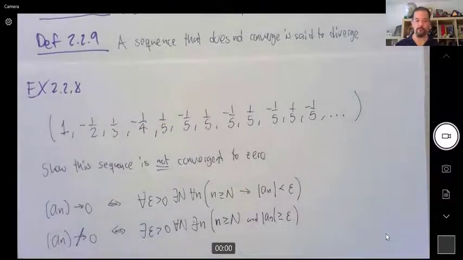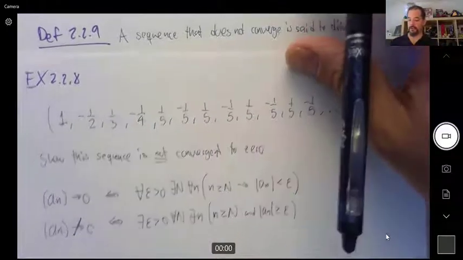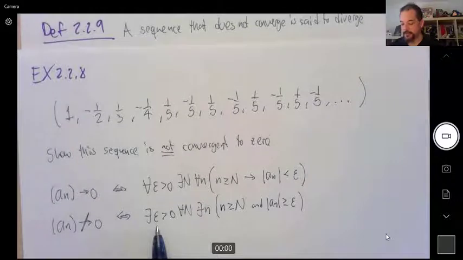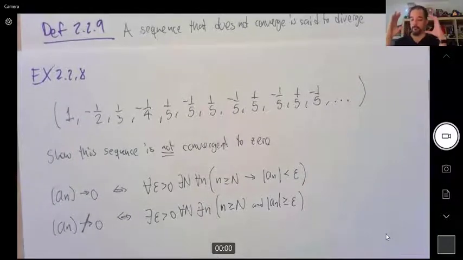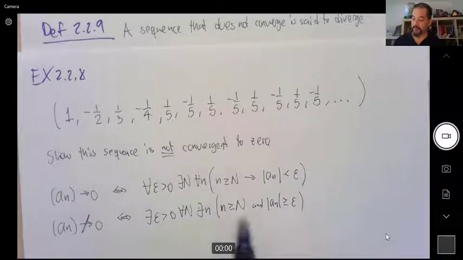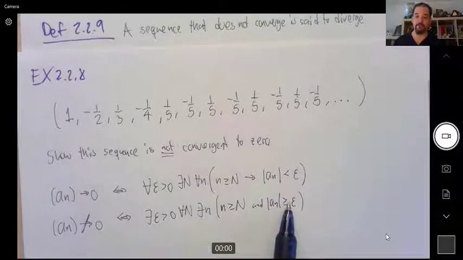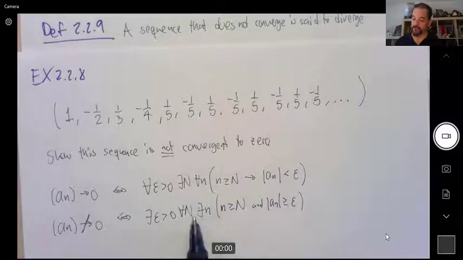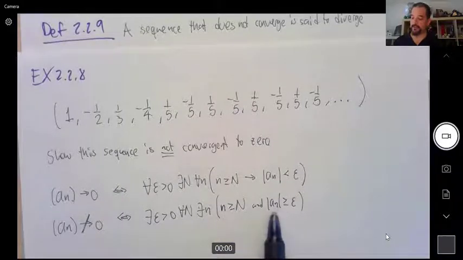So what we need to argue is that there is some epsilon neighborhood that excludes elements of the sequence from that point on. After that capital N, for every number capital N, there is a sufficiently large little n that is outside of the epsilon neighborhood, correct?